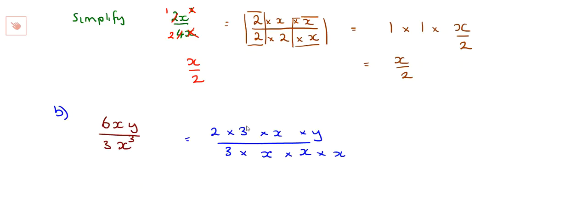So I've got the times 3 and the divide by 3 would give me my first 1 times. This x with this x would give me my second 1 times. And then the rest of it's alright. So I've then got 2y left on top over x squared. That would be my final simplification.